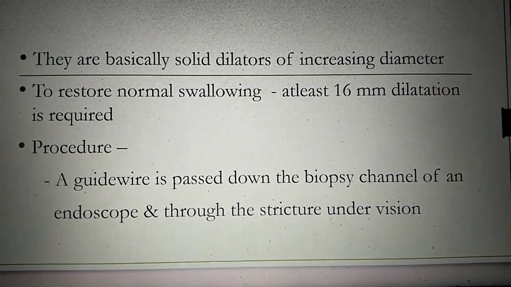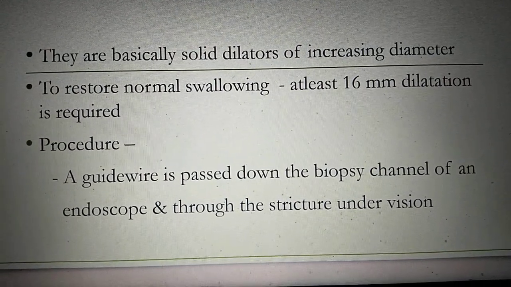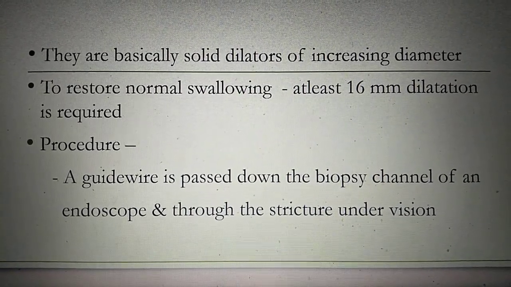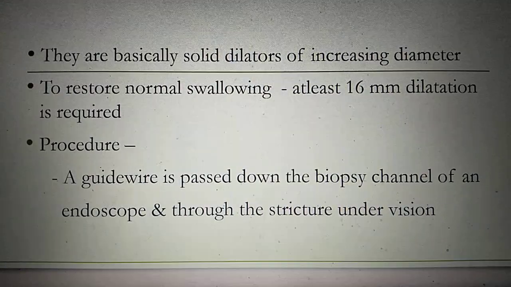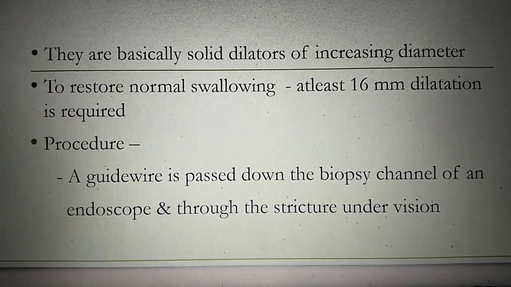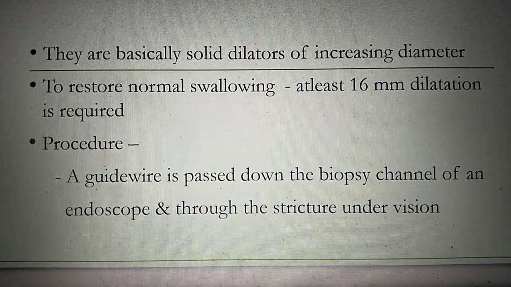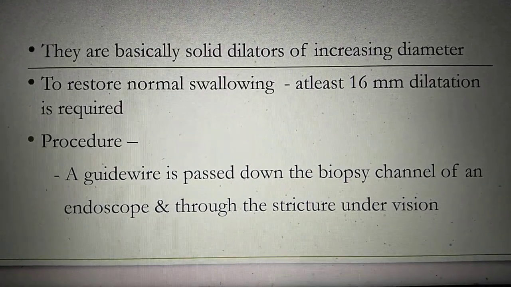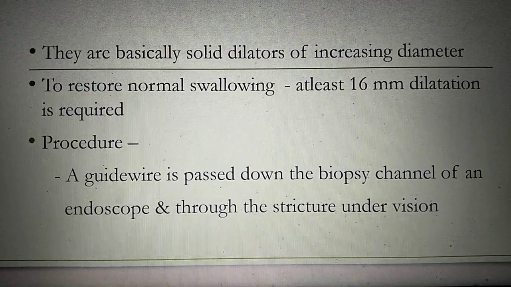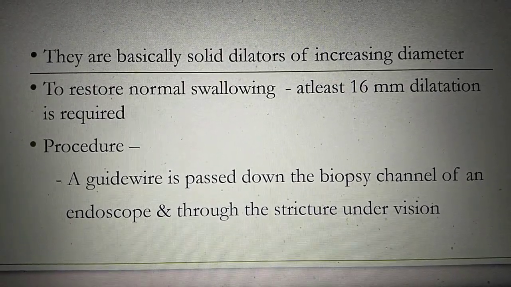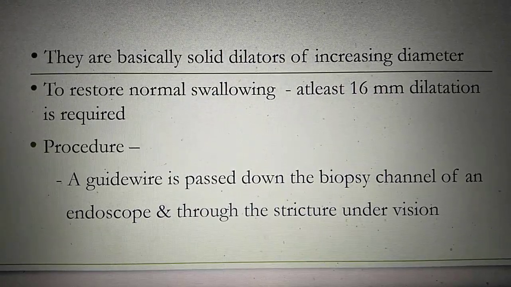These dilators are solid dilators of increasing diameter. To restore normal swallowing, we must remember this point: in an esophageal stricture patient, at least 16 millimeter dilatation is required, that is 1.6 centimeter.